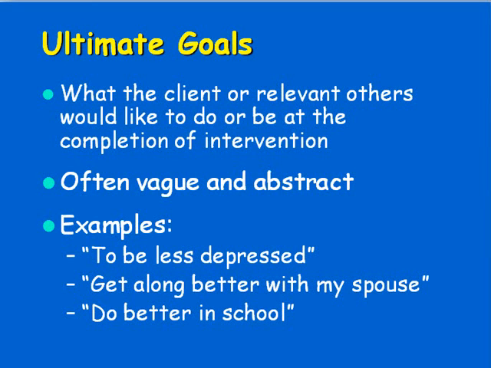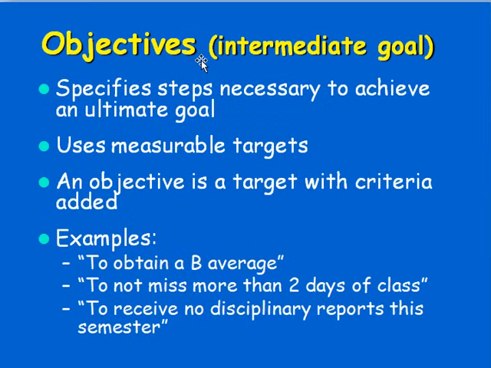These ultimate goals are often vague and abstract. Examples: to be less depressed, get along with my spouse, do better in school. Whereas objectives, or what the book also terms intermediate goals, may be specific steps necessary to achieve an ultimate goal.